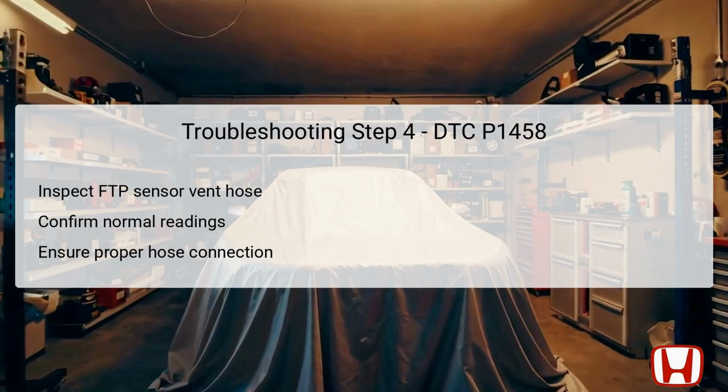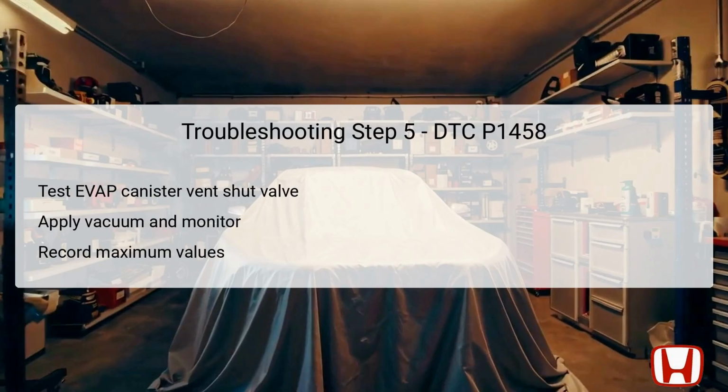If the vent hose is damaged or not securely connected, it could lead to inaccurate pressure readings, thereby triggering the DTC. Confirming a proper connection and checking for damages ensures that there are no leaks or performance issues associated with the vent hose. This step is critical for ensuring that all elements within the evap system function cohesively.